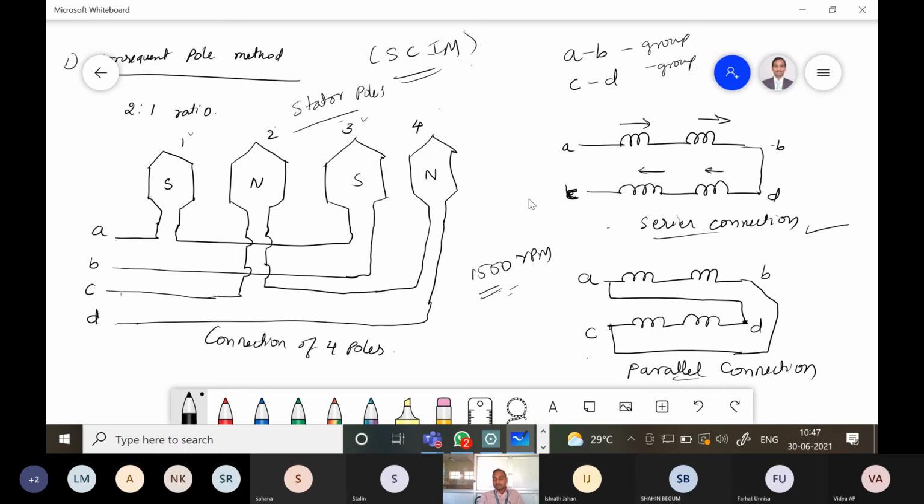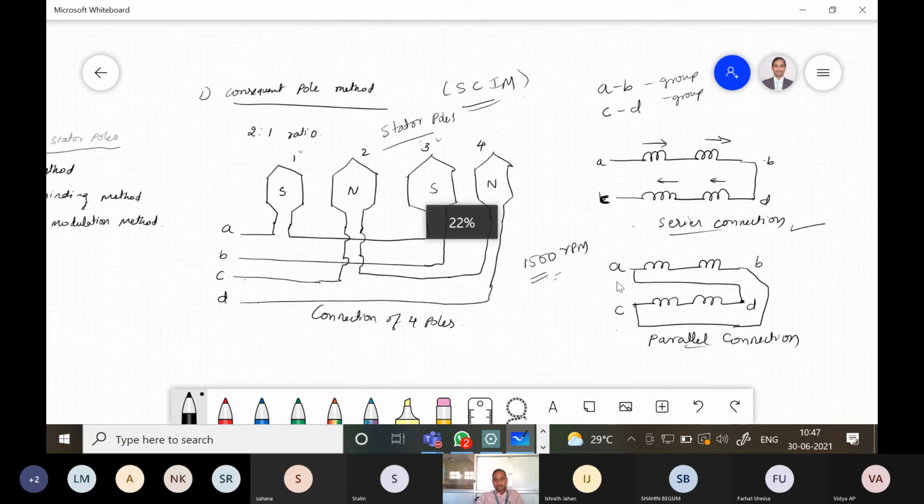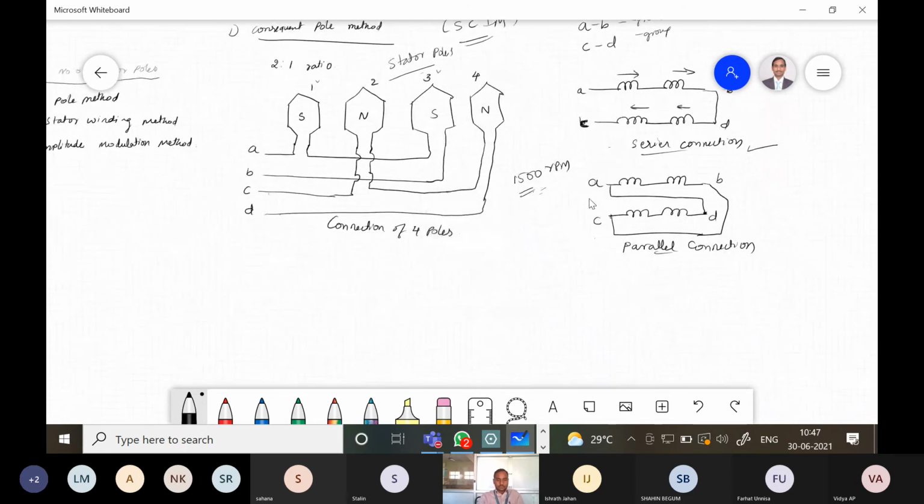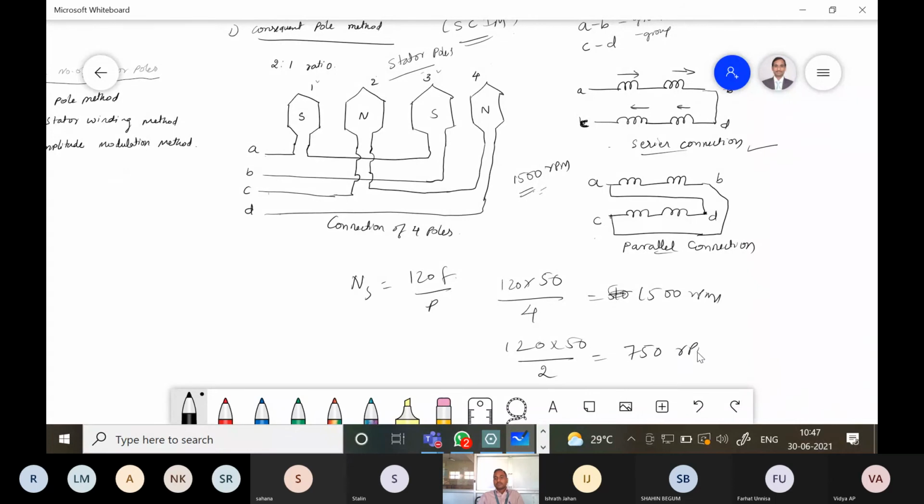So for example, if the number of poles is varied, Ns is equal to 120 f by P. Frequency is 50 hertz, 120 is also fixed. So if the number of poles is 4, you will get 1500 rpm. If 120 into 50, if the number of poles is 2, we will get 3000 rpm.